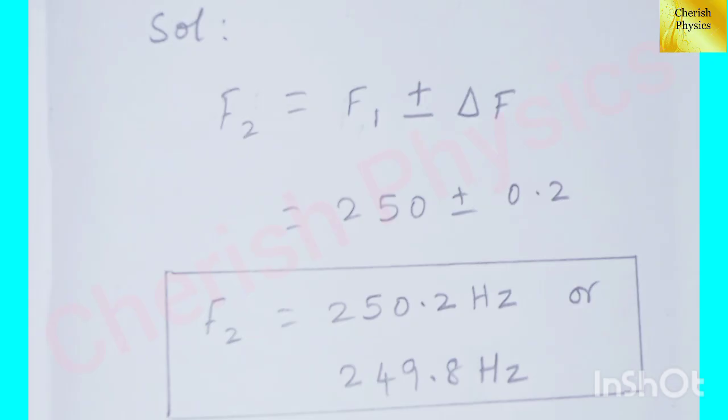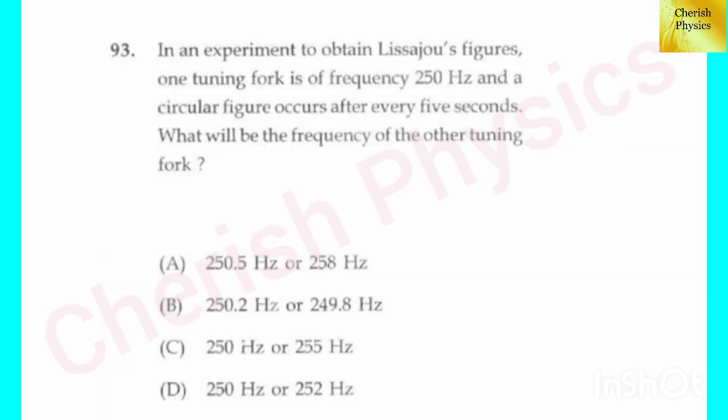Solution: F2 equal to F1 plus or minus delta F. On substituting the values, we get 250 plus or minus 0.2. Hence, the answer is F2 equal to 250.2 Hz or 249.8 Hz. Hence, the answer is option B.